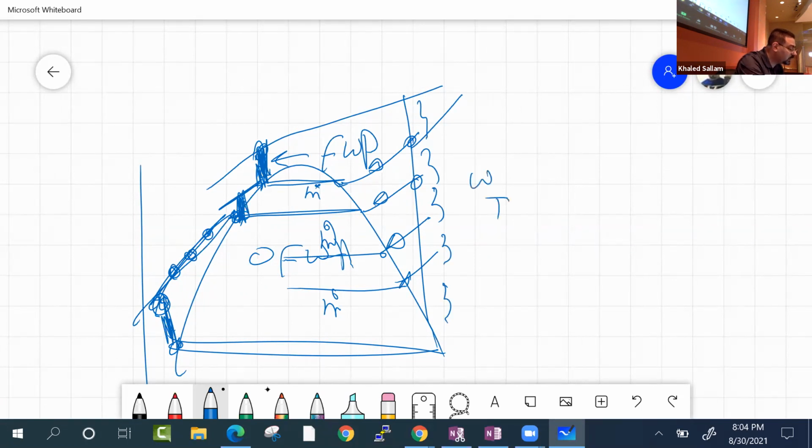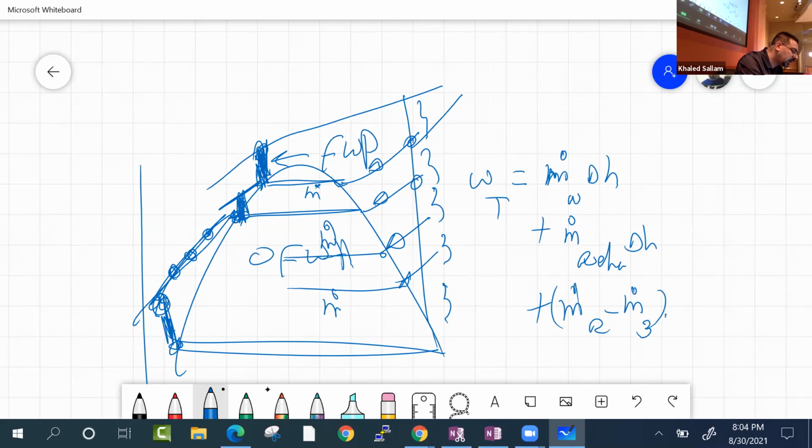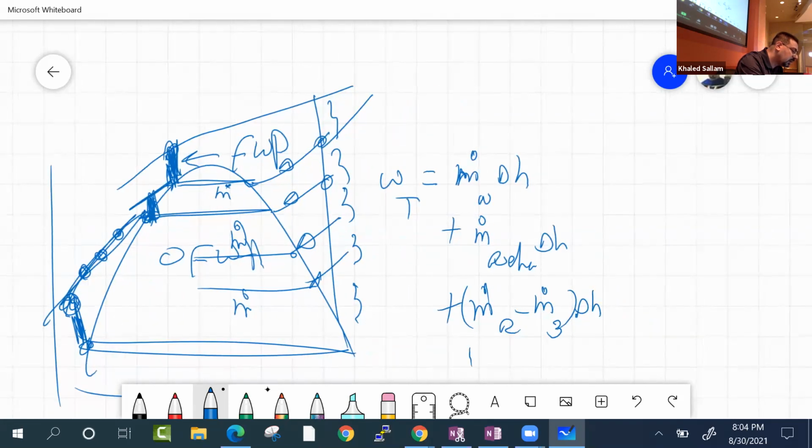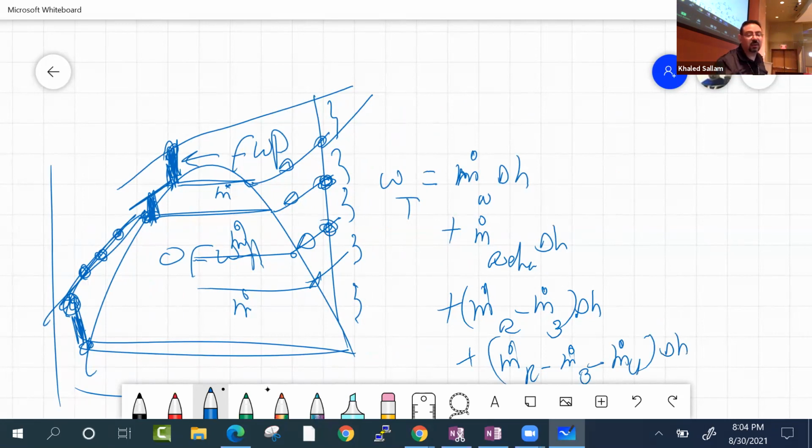So in every part of this, it's not the same M dot. So the way to do this is say work turbine is M dot water times delta H plus M dot reheat, the one coming from the heater, times delta H plus M dot reheat minus M dot 3 times the delta H plus M dot reheat minus M dot 3 minus M dot 4 times delta H. And by delta H, I mean delta H from here to here, just this part on the turbine.